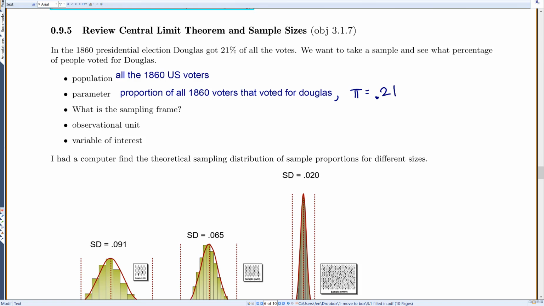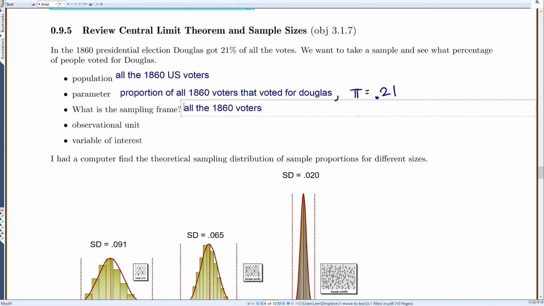Okay, what is the sampling frame? Like, did we actually look at all the voters? Well, in this case, I can tell you that it was all the 1860 voters. They didn't just look at the people in Rhode Island. They didn't just look at the people in Maryland, or they didn't just look at the Democrats or just look at the Republicans. They actually looked at everyone. So that's what we're hoping for.